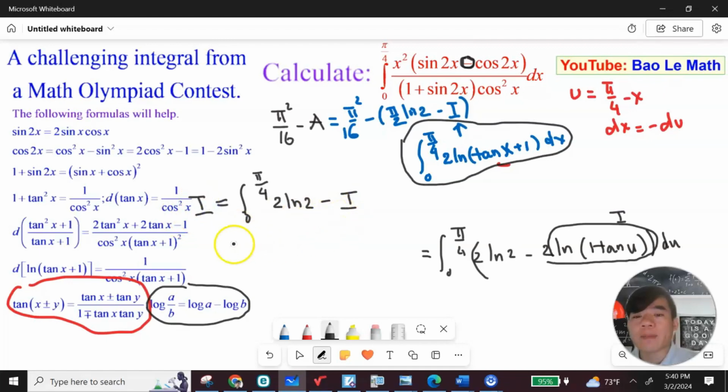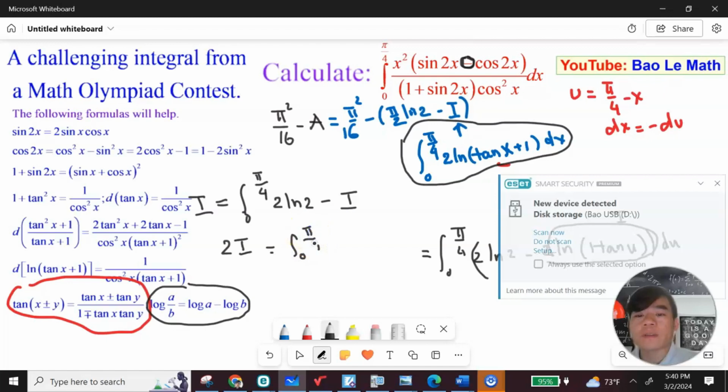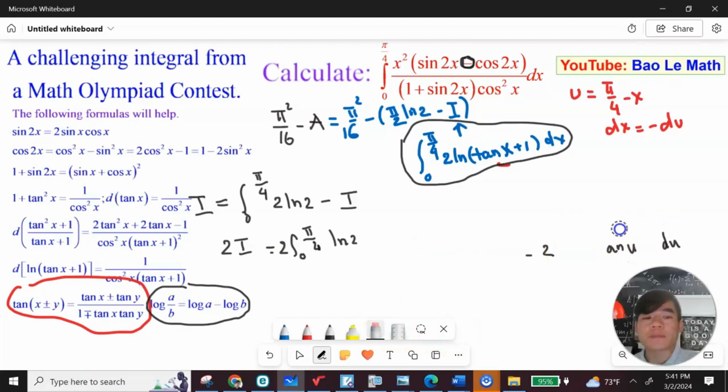Now I add I to both sides, so I have 2I equal to the integral from 0 to pi over 4 of 2 natural log of 2. I divide both sides by 2, so I equals the integral from 0 to pi over 4 of natural log of 2.